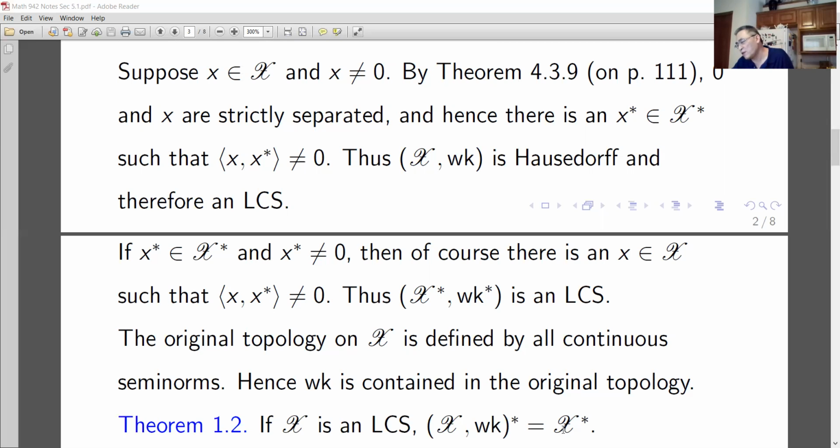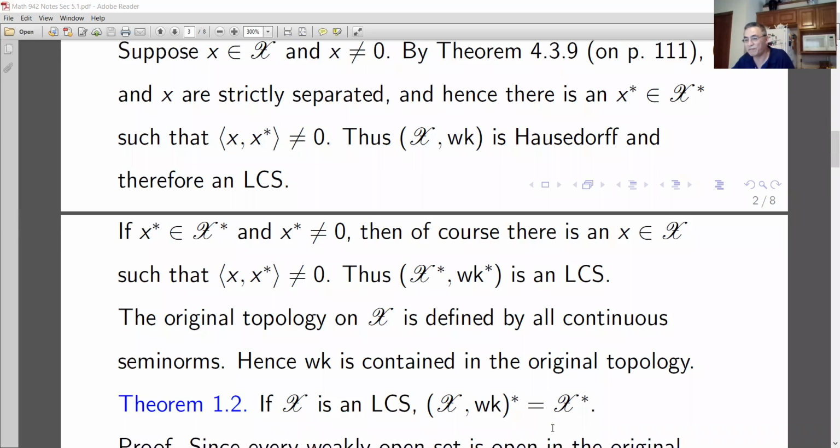This equality is about vector spaces. This dual is the same as the dual of X. Now we are going to prove this. Okay, proof.